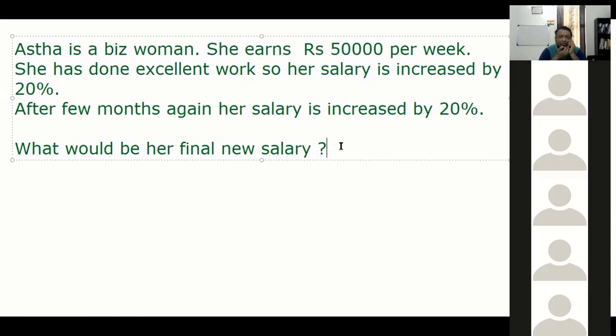It is not easy, I know. Shaksham says 70,000, okay.